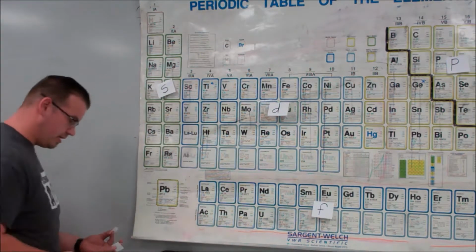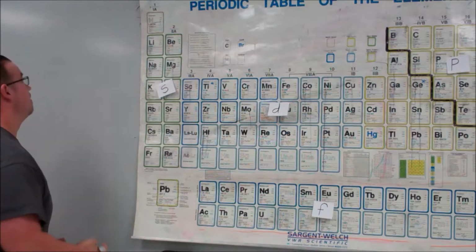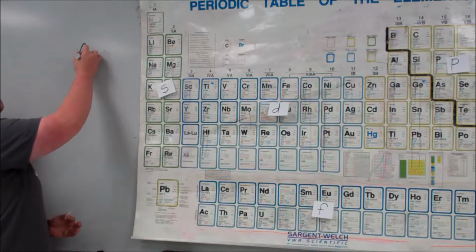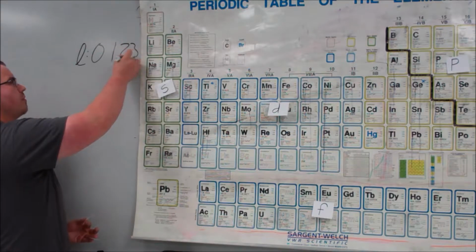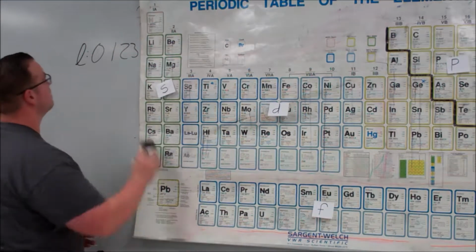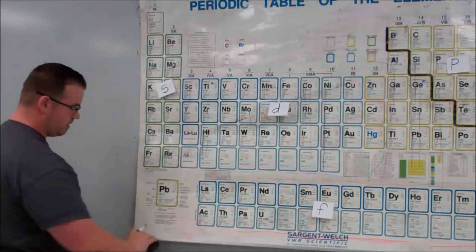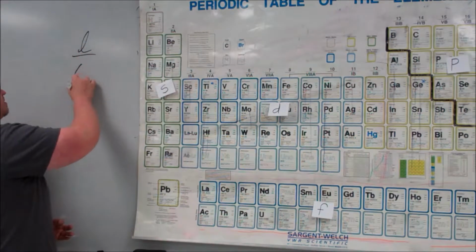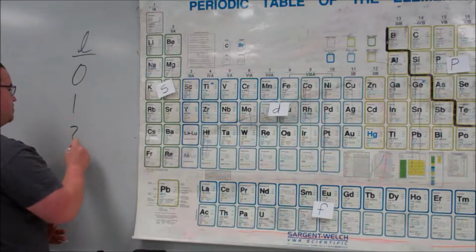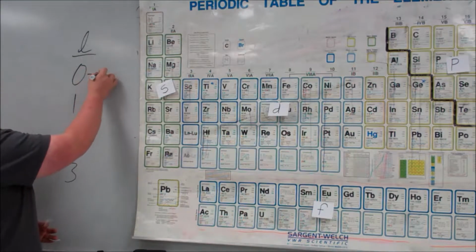Alright, so first thing, L is 0, 1, 2, or 3. Let's do it this way. L tells you the block.